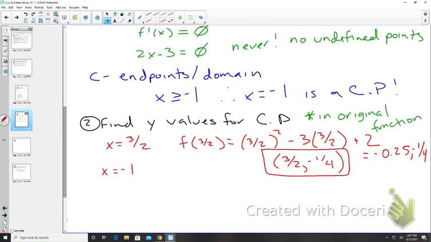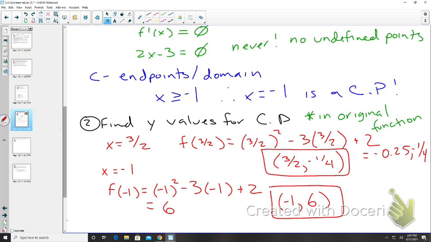Okay, so we know one, and now let's do our f of -1. So we have -1 squared minus 3 times -1 plus 2, which equals 6. Therefore, another coordinate that we have, when x is -1, our y is 6. Okay, that was step 2.